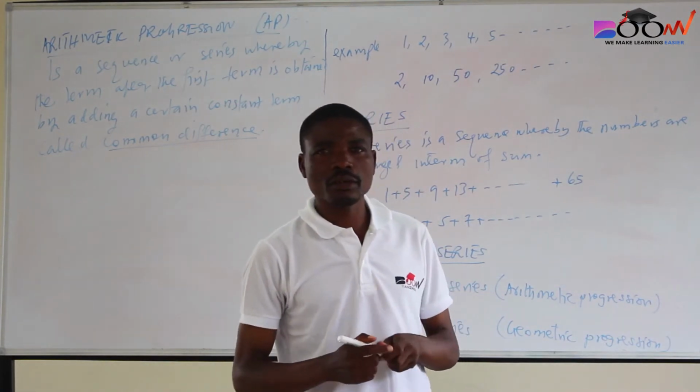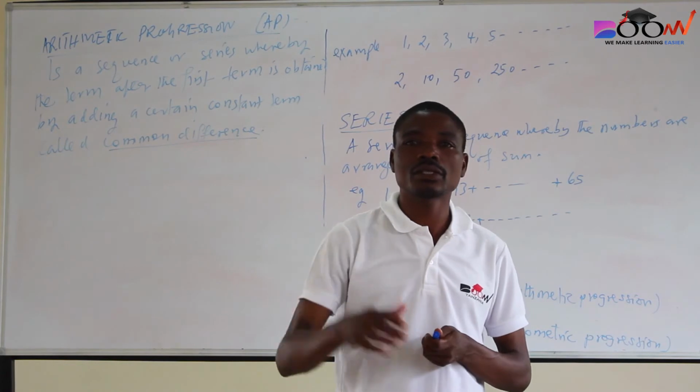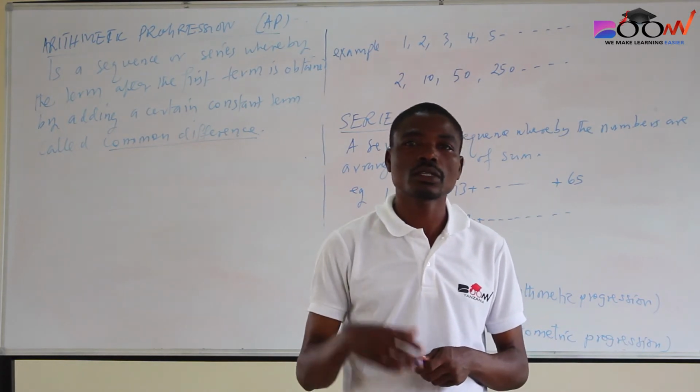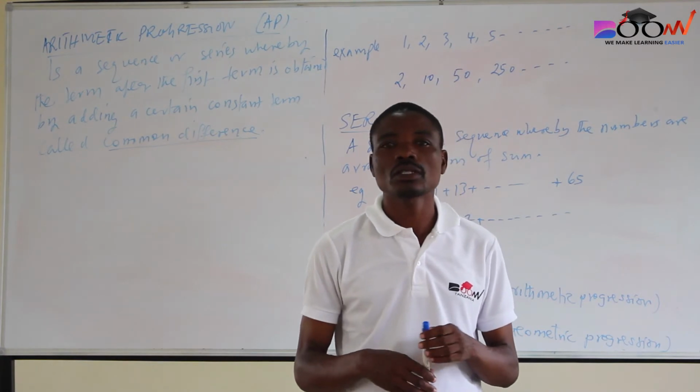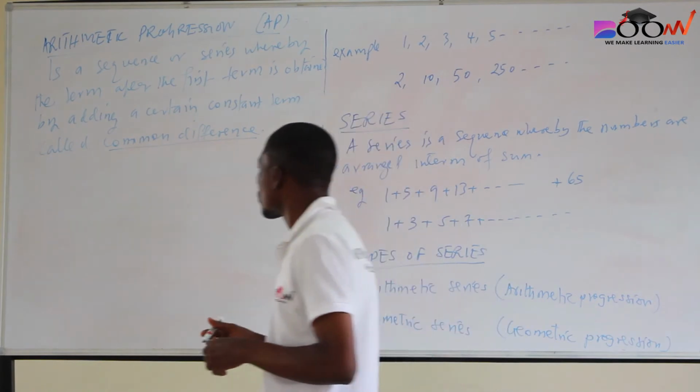After the first term, a certain constant number is added to get the second, to get the third, to get the fourth, and so on. This is what we call the common difference.